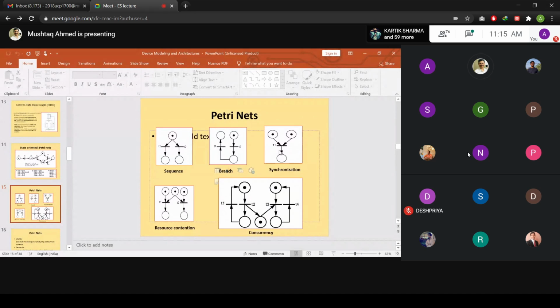Now sometimes resource contentions may arise, and you need to decide to whom the triggering or operation needs to be given. In this case, if T1 takes place, the transition would be allowed, because T1 and T2 both simultaneously require the same single token, and to perform T1 or T2, two tokens are required.